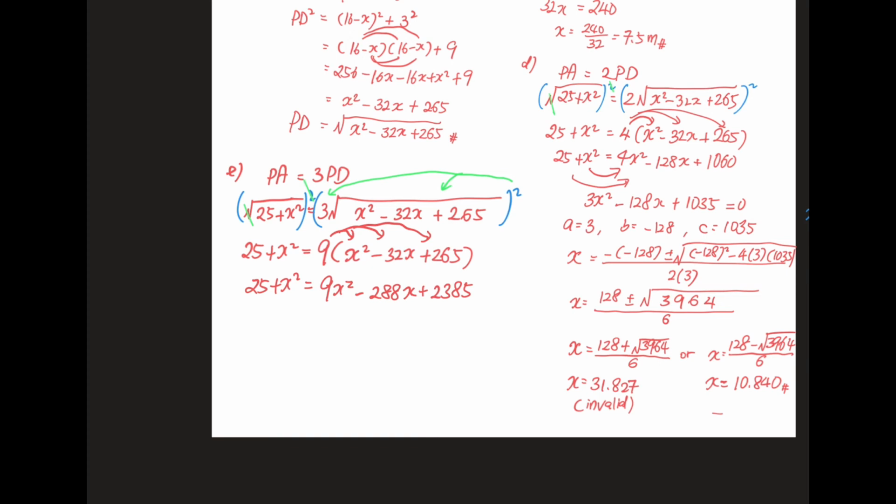Now I shift everything to the right. 9x squared minus x squared, so I will have 8x squared, and then minus 288x. I shift 25 to the right, so I will have 2385 minus 25, so I have 2360.